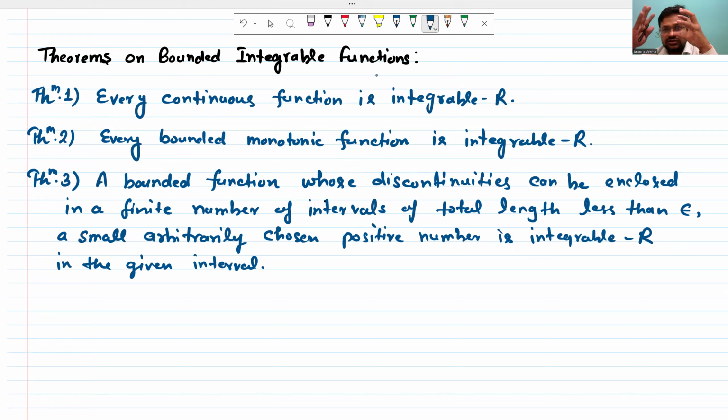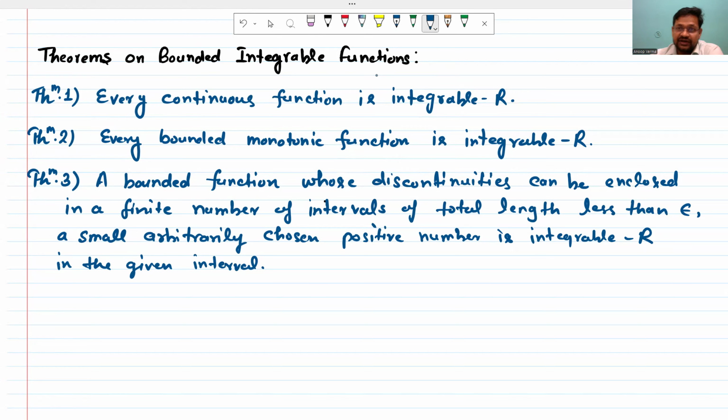It is saying that if a finite number of points are discontinuities, then you can say the function is integrable R, otherwise not. If the function is bounded, and continuous except at some finite number of points of discontinuity, then you can say the function is integrable R.